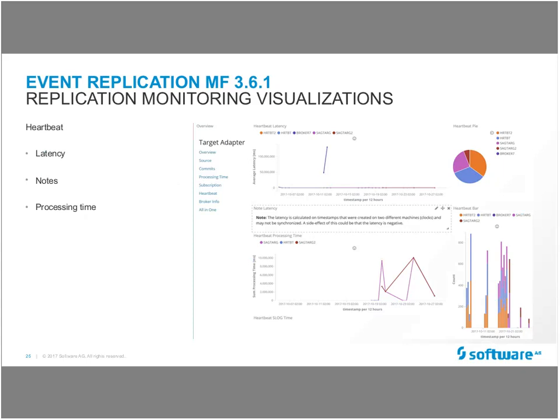What you see here in the upper part is the latency for certain destinations, and you see in the pie chart the distribution of the information, what happens, and down you see the processing time for the same, and we just have chosen two different ways of visualizing it.